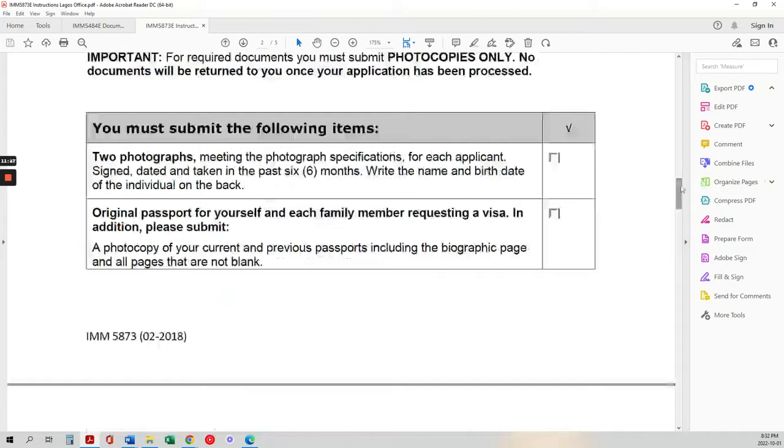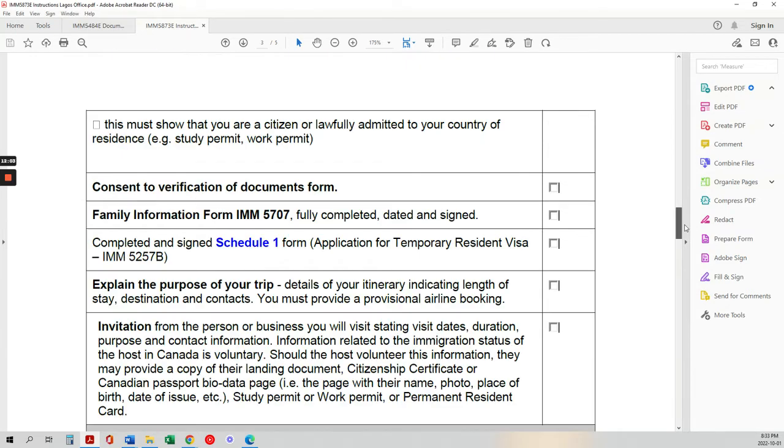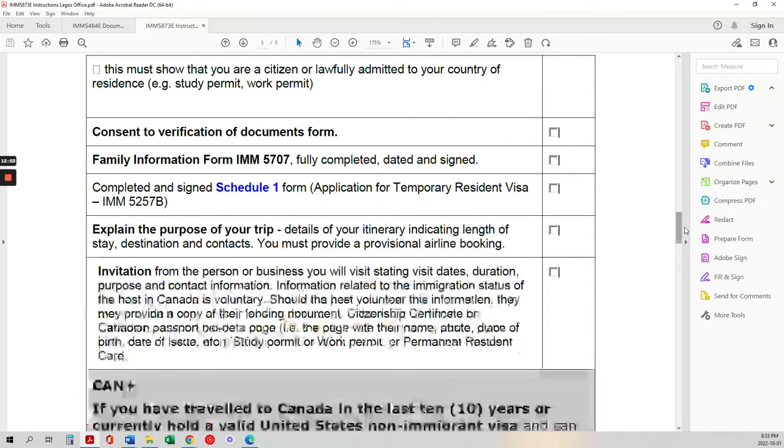Okay, so we've discussed that. Now, the consent to verification of documents form. This is one form that you sign that is sent with the application because they want your permission to verify your documents.